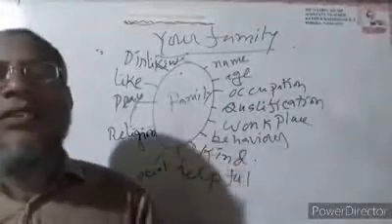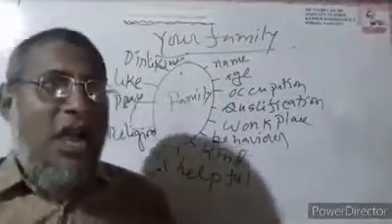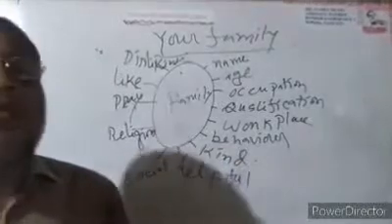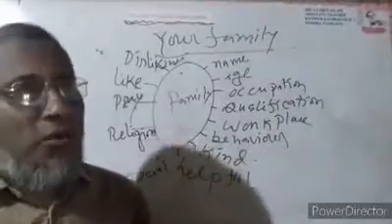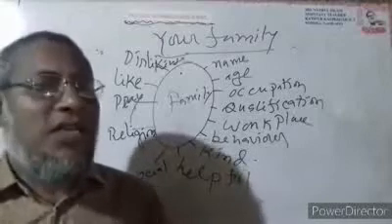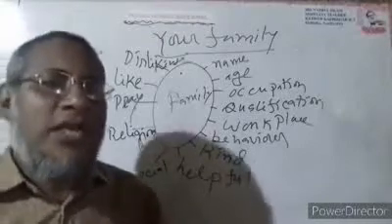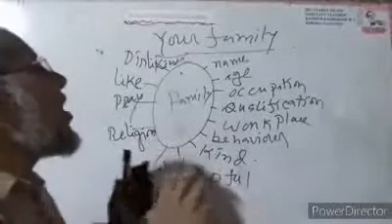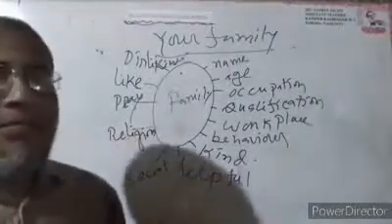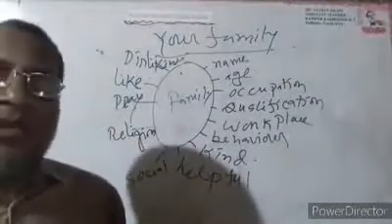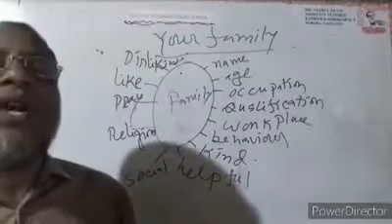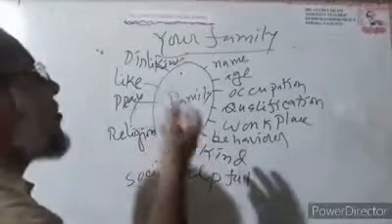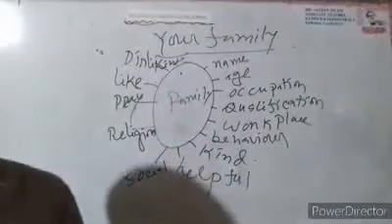In the previous class, I discussed how to write a paragraph about any person: your favorite person, your class teacher, your favorite poet, your father, your mother, like that. And today the points are the same. There is no difference between the points we collected in the previous class and today.